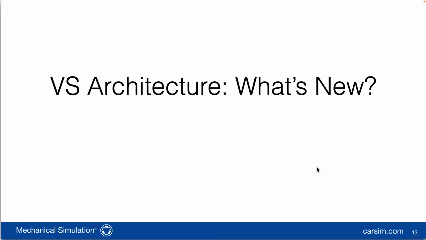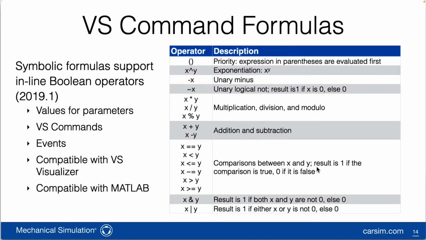First, the architecture. These are things involving syntax and file management that aren't specific to any model. We've supported formulas for defining values of parameters and equations being used to set values of variables. We made some big improvements in the friendliness of doing this by having inline operations.